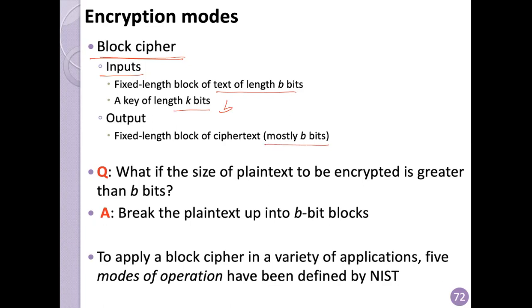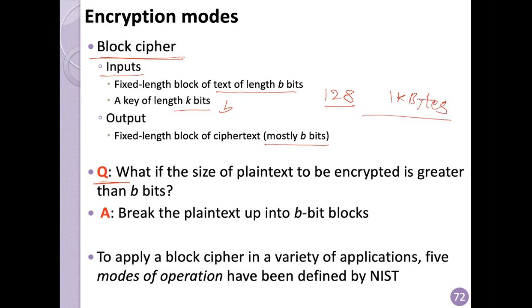So the one big question is this: what if I have data which is longer than B bits? For example, in AES, we said that plain text should be 128 bits. What if I'm going to encrypt a file which is 1 kilobyte?